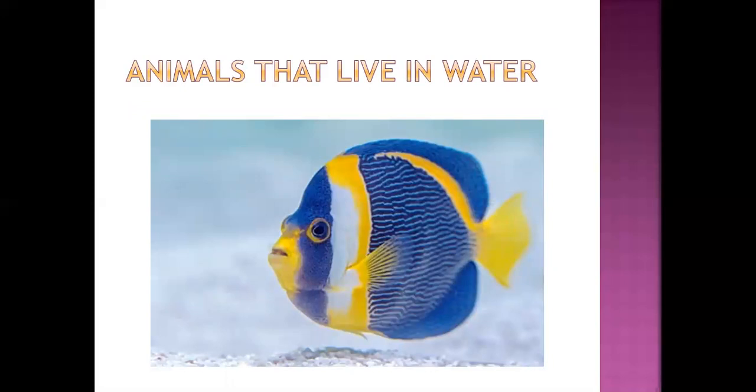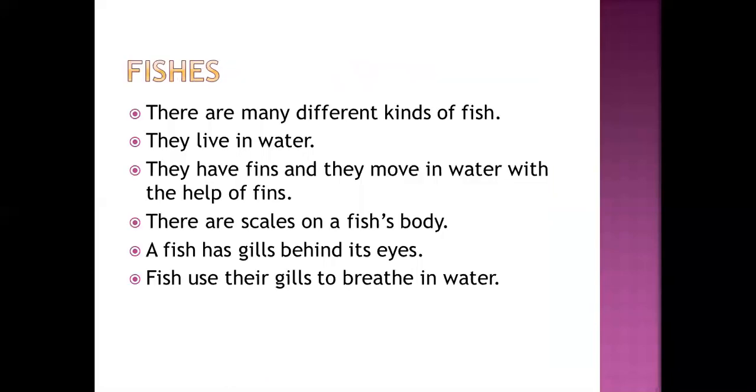Now, the most beautiful animals that live in water, the fishes. Now, fishes are of different kinds. We've got different kinds of fish in the ocean, in the sea, in the rivers. There are also different animals which live in the water.